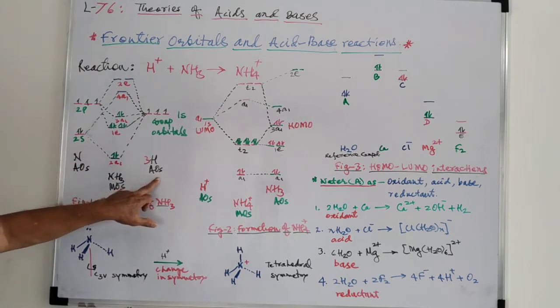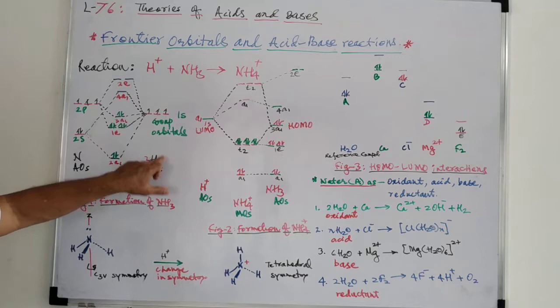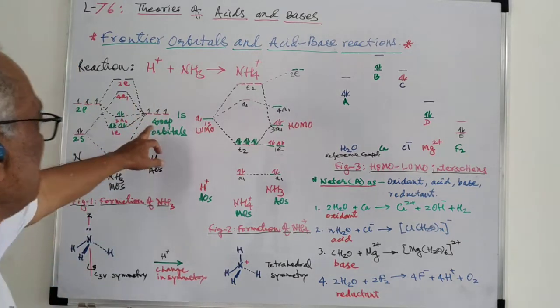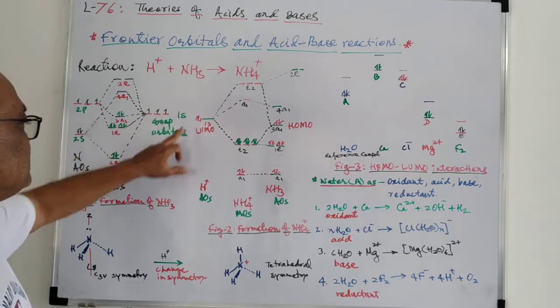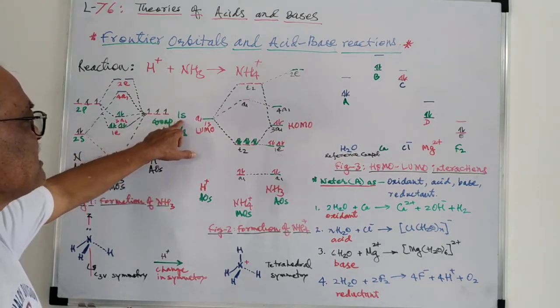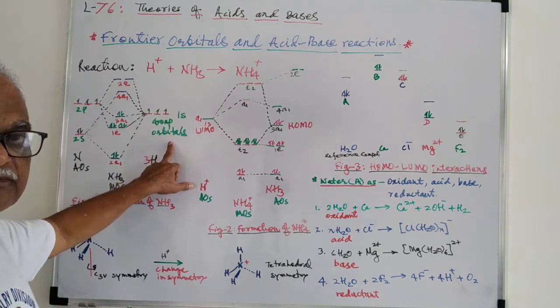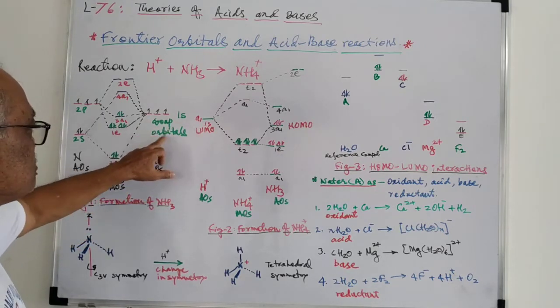In the case of the 3 hydrogens, there is a 1s orbital in each atom. So the 3 hydrogens provide 3 1s orbitals, and these are together called group orbitals.